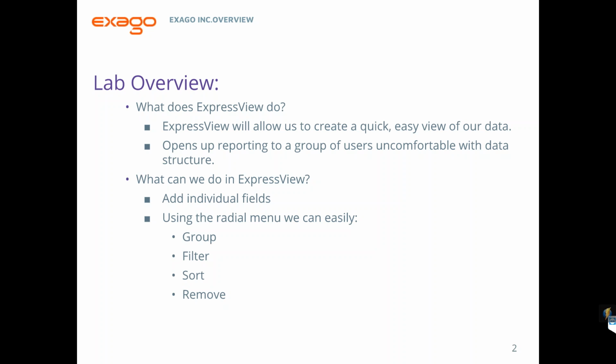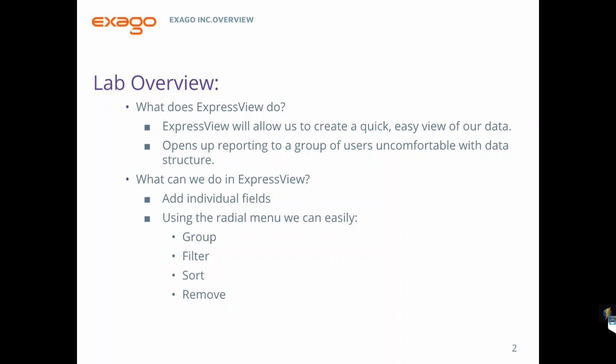We can start by adding individual fields. For those of you who are familiar with any of our other reporting designers, they all start with adding categories fully. This asks your users to know what fields are contained within each category. In ExpressView, we've allowed you to add fields individually so that you don't need to know what category they're contained in. I'll illustrate that in just a moment.